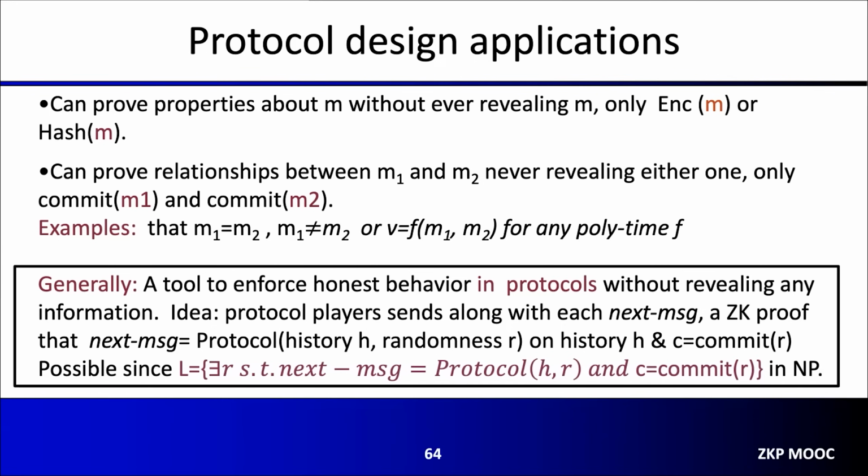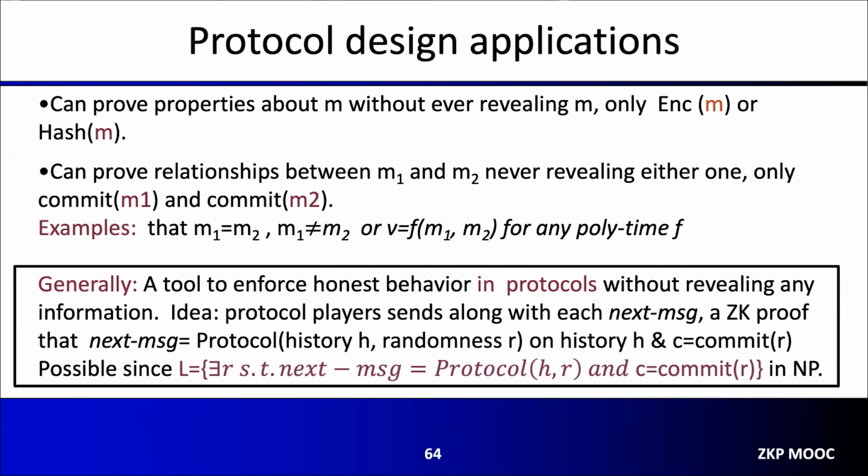How do you prove that in zero knowledge? Essentially, you commit to the internal randomness, you commit to your internal secrets once and for all when the protocol starts, and then every time you send a message, you attach a zero knowledge proof that on this committed randomness and these committed private inputs, this is the right message to be sent. Why can this be done? Because that is an NP statement.